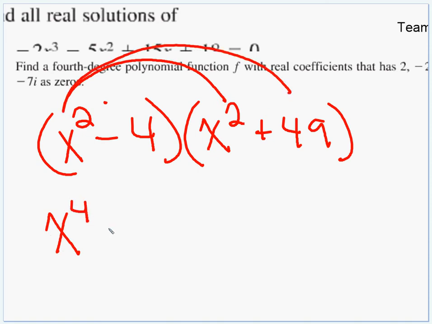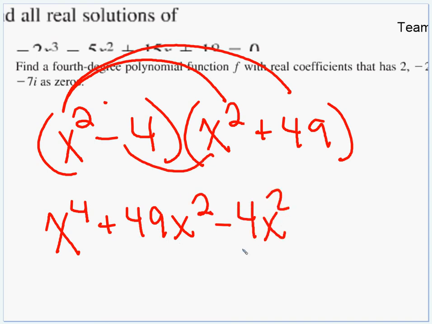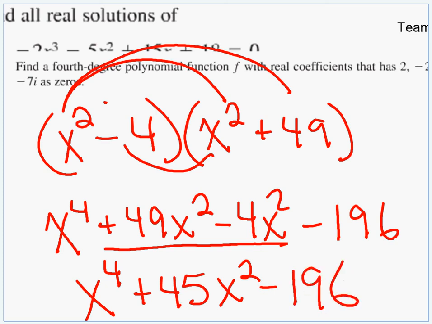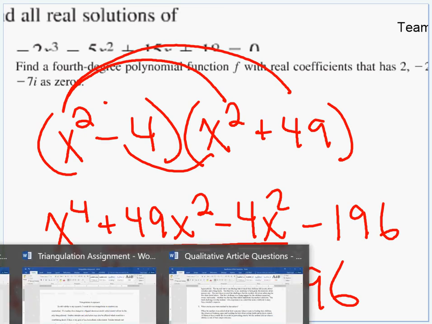Here will be a plus 49x squared, and then a minus 4x squared in the middle. And then 4 times 49, that's the same as 4 times 50, but minus 4, so minus 196. And to make it look even nicer, we can combine these middle terms. That'll be a plus 45x squared minus 196. And there's our function. Let's call it f of x equals. There we go.